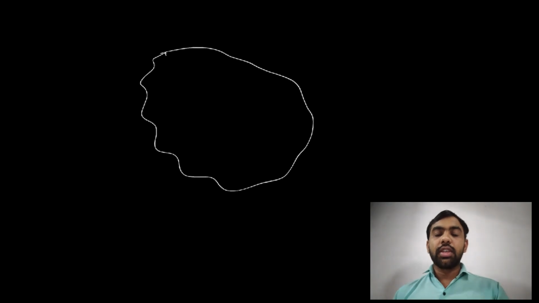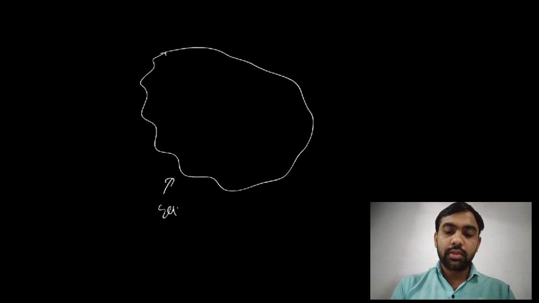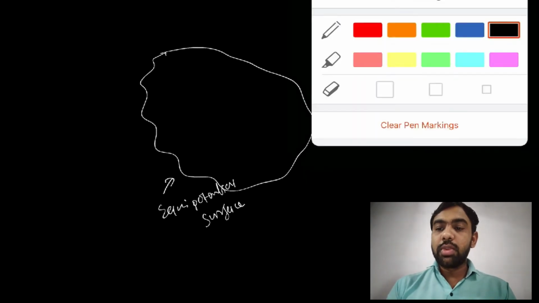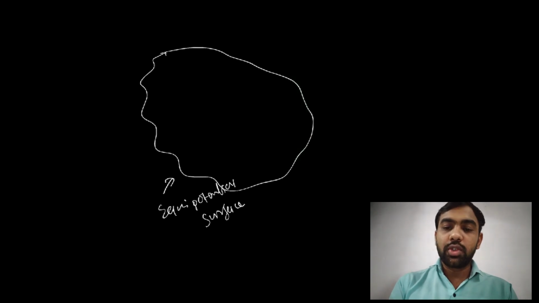Let's see how to understand it properly. Suppose you consider any type of configuration, and this is the equipotential surface.